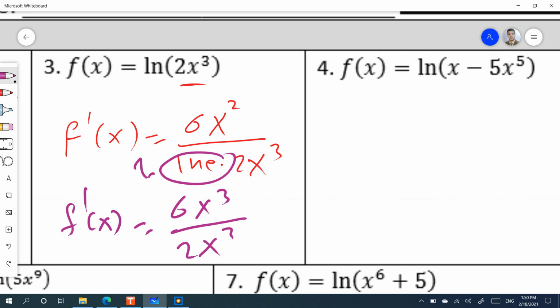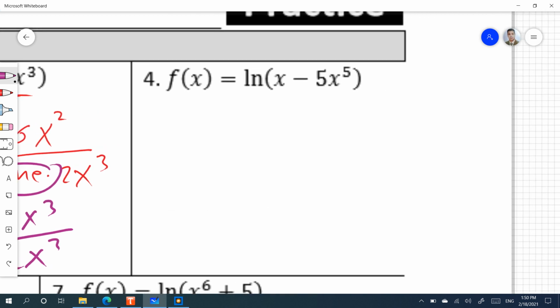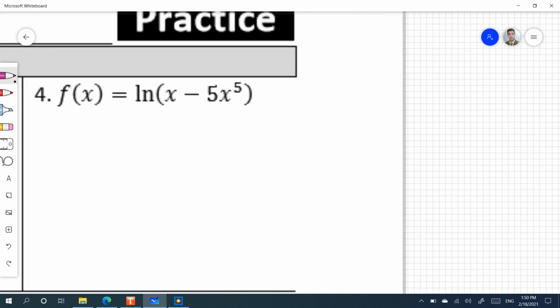This is the solve of the third function. Now we reach, because ln e always equals 1, we will not repeat this again.